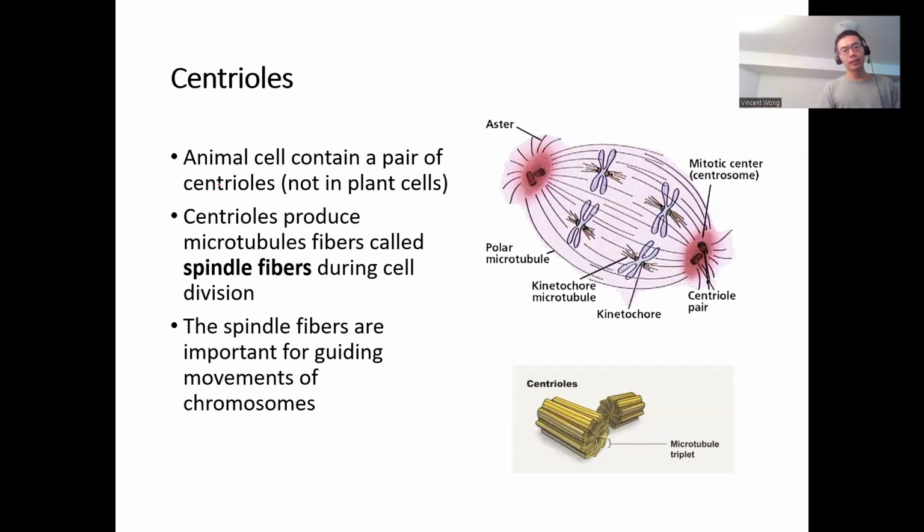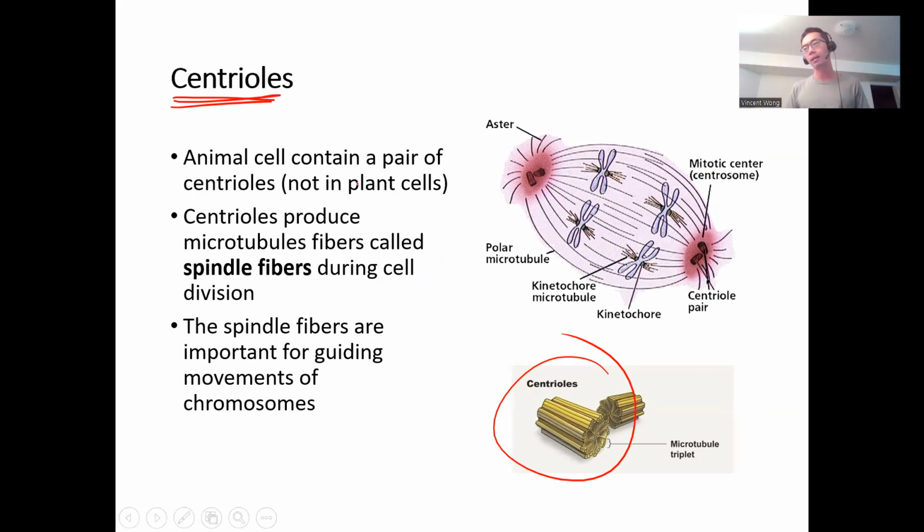Now there is another organelle called centrioles. Centrioles look like this, and they're found in animal cells, but not plant cells. I'll have a chart coming up that summarizes what's in plants only and what's in animals only. But the centrioles are important because they produce a special kind of microtubules called spindle fibers. Remember, I told you during cell division, we have to move the genetic material around, right?